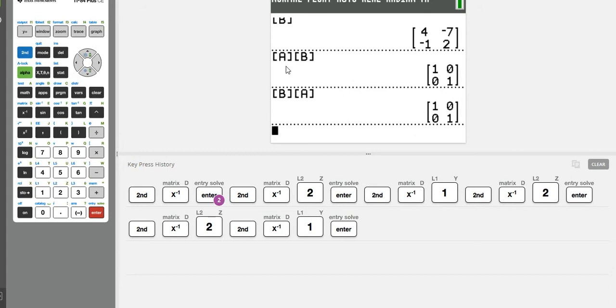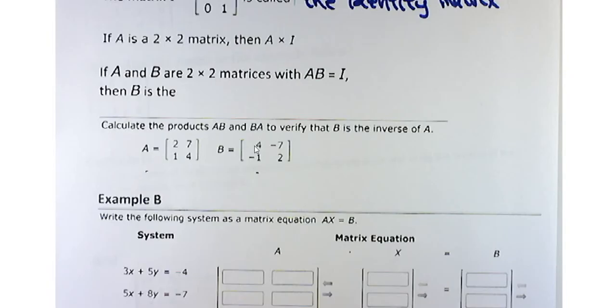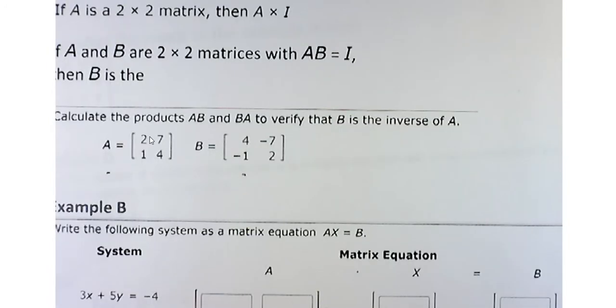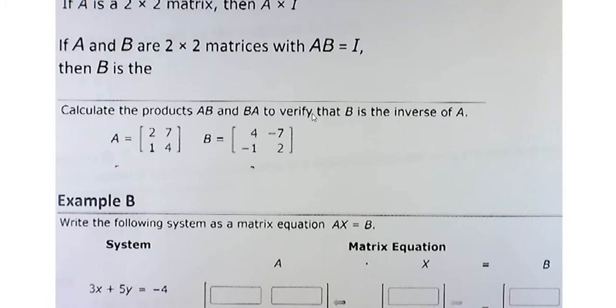Now, if A times B and B times A give you this kind of matrix, then A and B are inverses of each other. That's stated down here. It's a way to verify that A and B are indeed inverses of each other: multiply them together and see if you get the identity matrix.